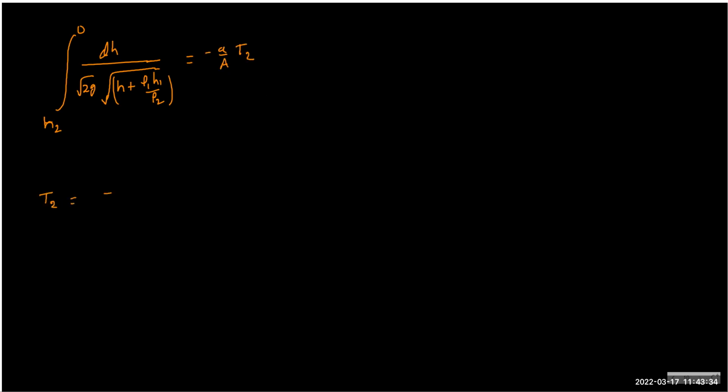So T2 turns out to be minus a by A, and this is root 2g also, and this will be 2 root h.